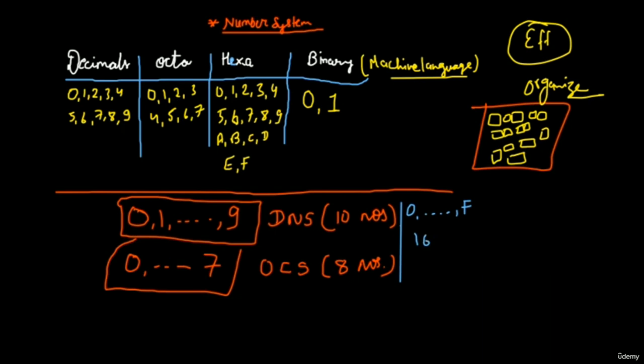Like 0 to 9 is 10, and 11, 12, 13, 14, 15, 16. So this is the F, which is counted to be the 16th term. So there are 16 numbers, and this number system is called the hexa number system, HNS.